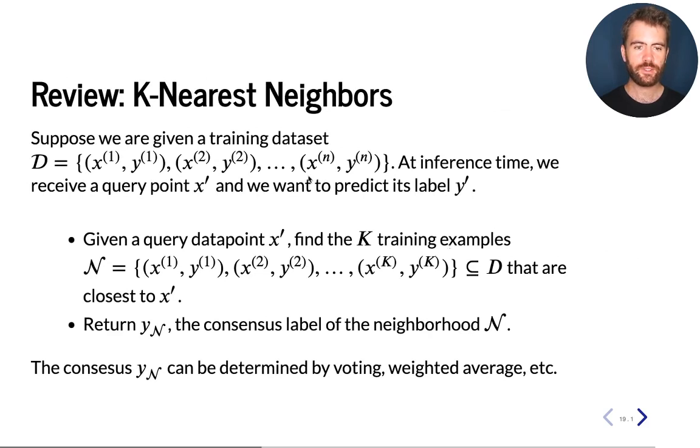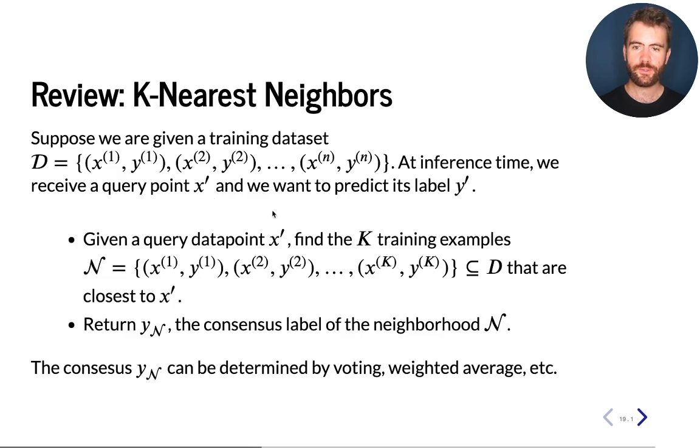So recall that nearest neighbors is an algorithm that uses a training data set D where we have n training examples, and at prediction time we receive a query point x prime.